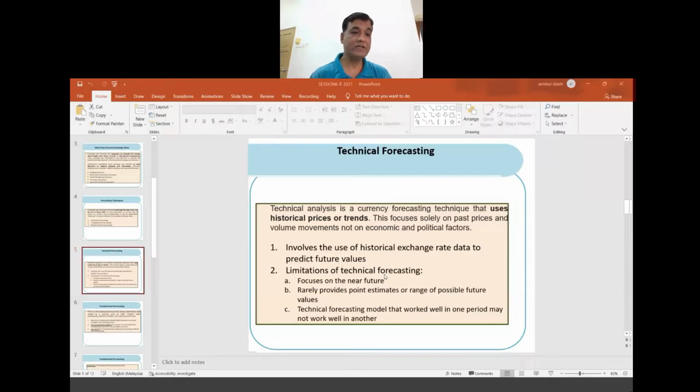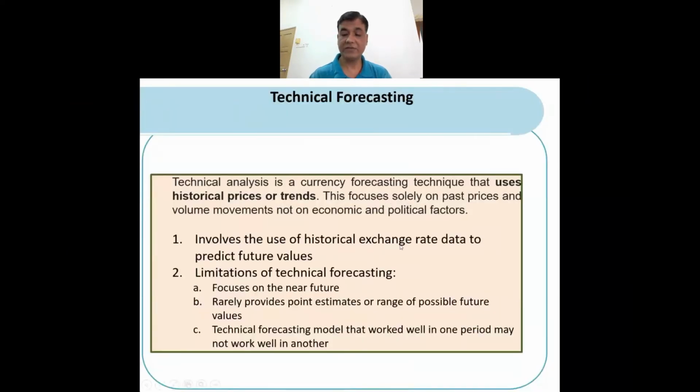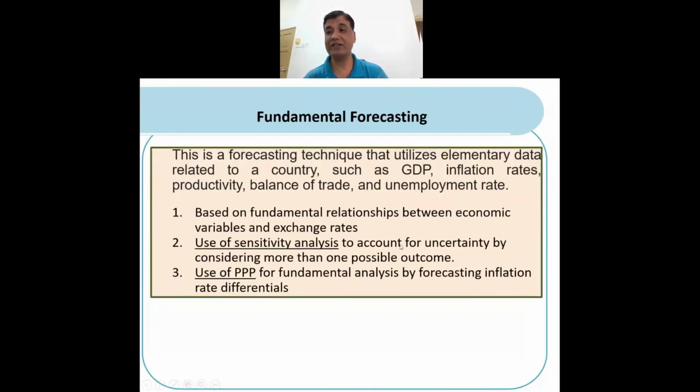The next one is, of course, the fundamental forecasting, the most popular one. It's a bit tedious because it takes into account many factors. For technical forecasting, we use only the past price and volume.